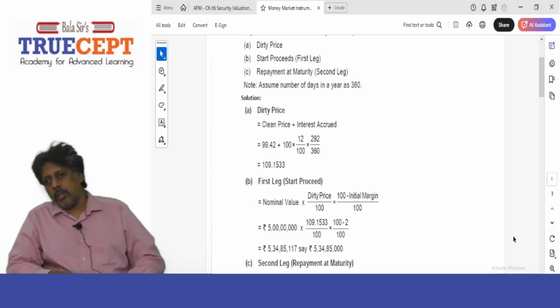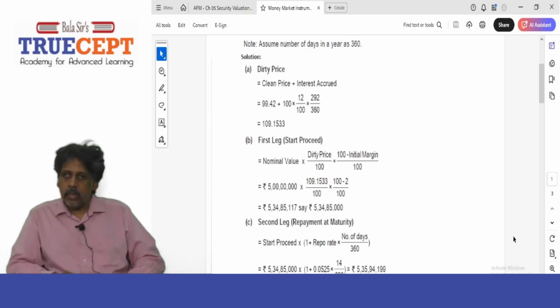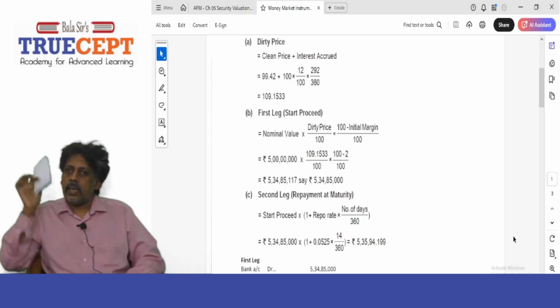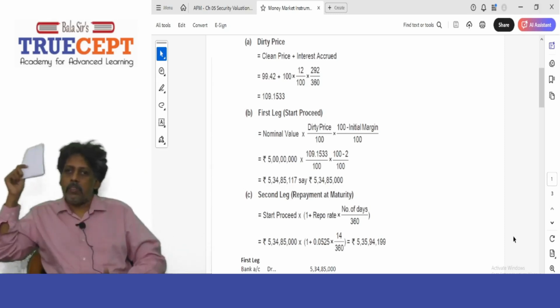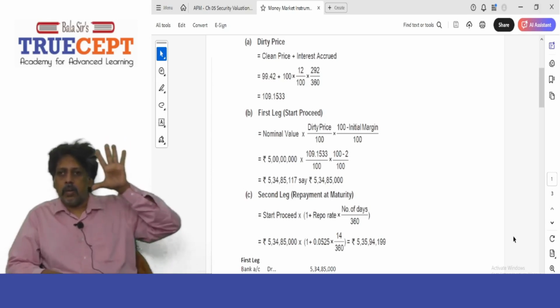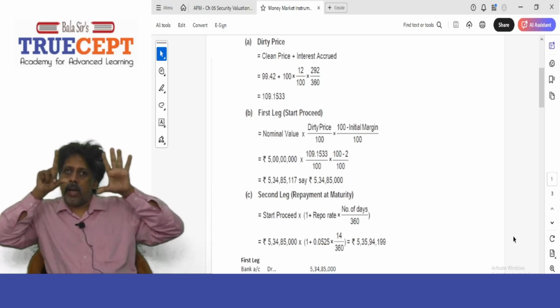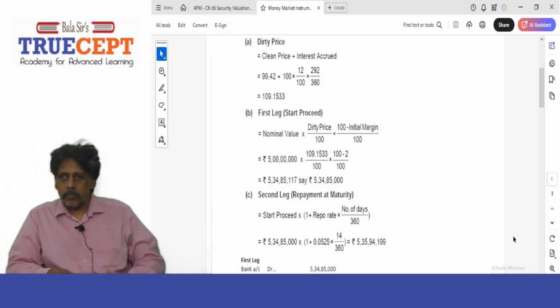Yes, sir. Now the first step, stage 1, is the start proceeds. That means when bank A sells investments today to bank B, how much will bank A get as proceeds? Very simple. There are two ways of working. Either take 5 lakh bonds, sold at 109.1533 into 98% of that number. Got it? Yes, sir.